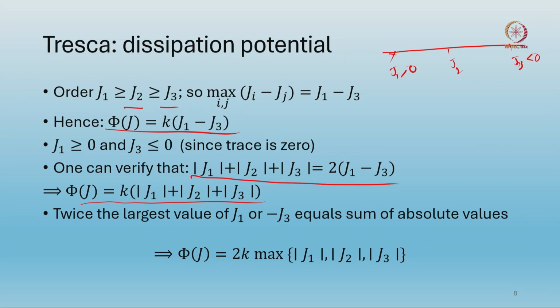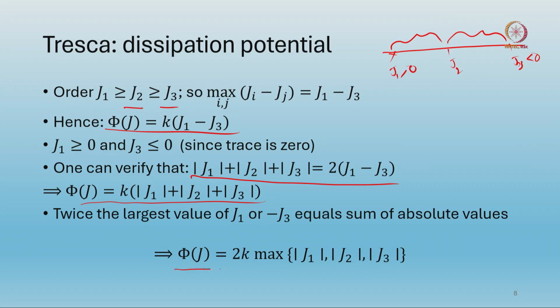You can see it from these facts. Let us say J2 equal to 0, then J1 has to be equal to minus J3. So, therefore, this distance is equal to, in that case, this distance. So, twice of this is equal to the sum of the absolute values of J1, J2, J3, correct. So, this is exactly what we have.